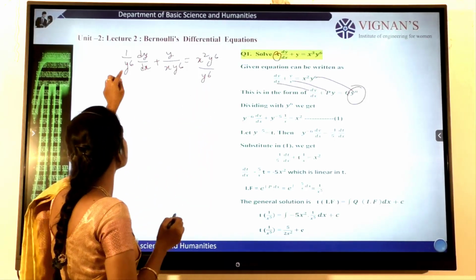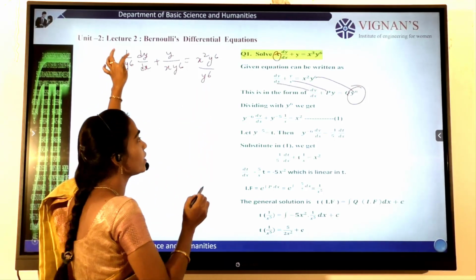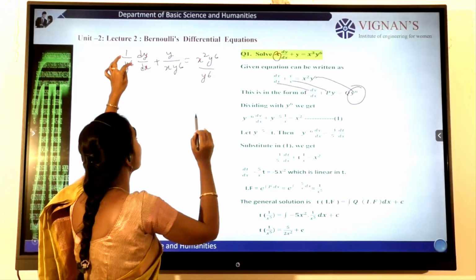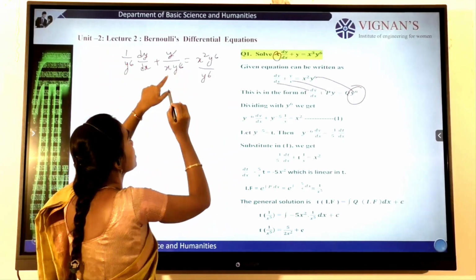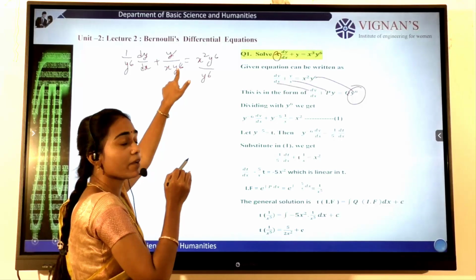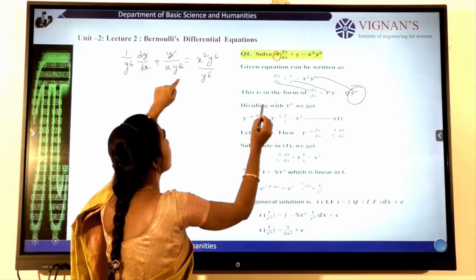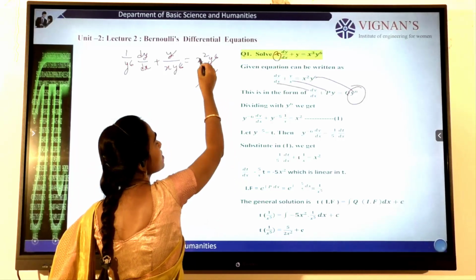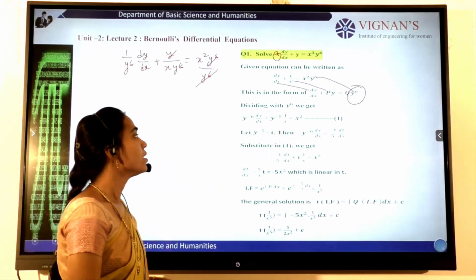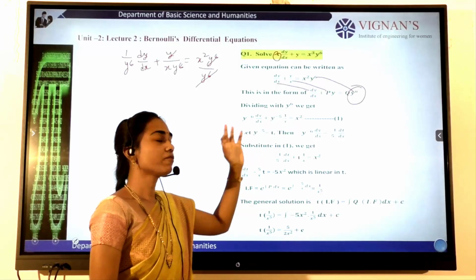On dividing, if it goes to the numerator, it becomes y power minus 6 dy by dx. When y and y cancel, we have 1 by y power 5, which in the numerator becomes y power minus 5 into 1 by x. When y power 6 and y power 6 cancel, we have x square. So this is the equation after division.